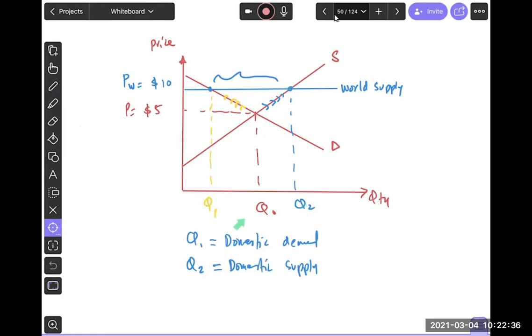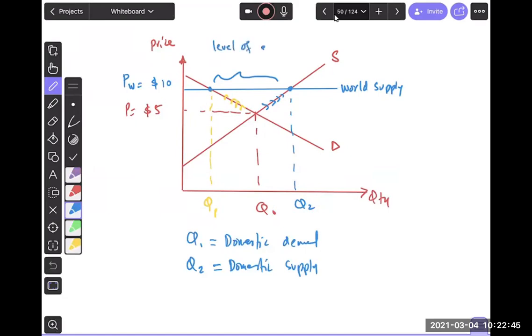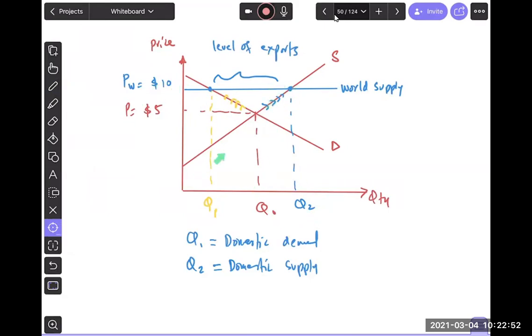So what is Q2 minus Q1? Exports. Good job. Q2 minus Q1 is your level of exports. Does that make sense? If suddenly the world is giving you a better price, you will produce more. You will only sell Q1 to the domestic market, and therefore Q2 minus Q1 is your level of export.